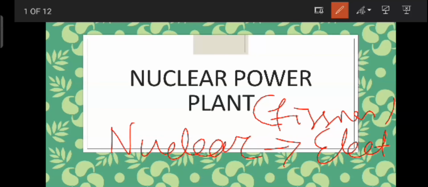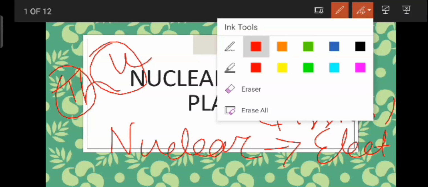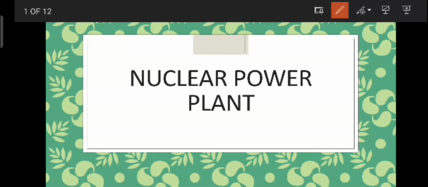Materials of heavy atomic weight like uranium and thorium are our heavy nuclear particles, and widely used is uranium.